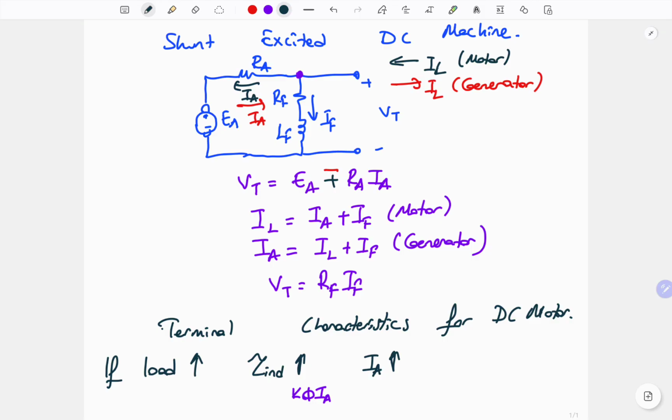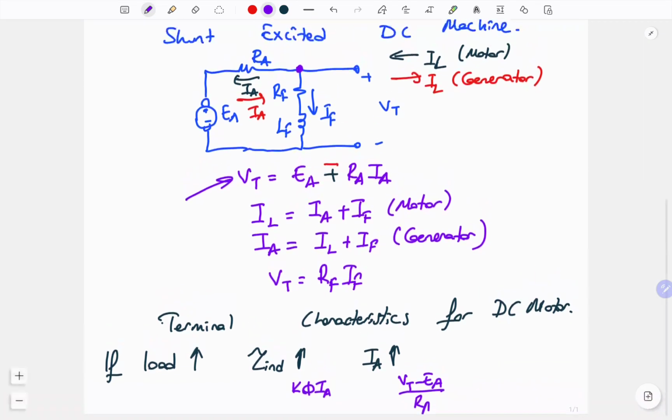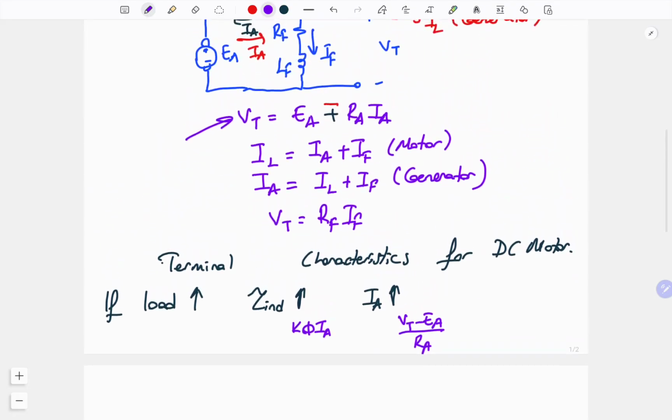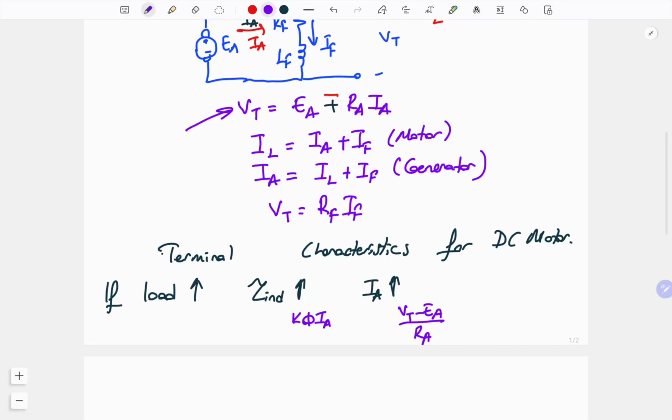Then, what will happen? Let's check the first expression here for the motor operation. VT minus EA over RA can be written for the armature current. So the relation between IA, the armature current, and EA will be reversed.